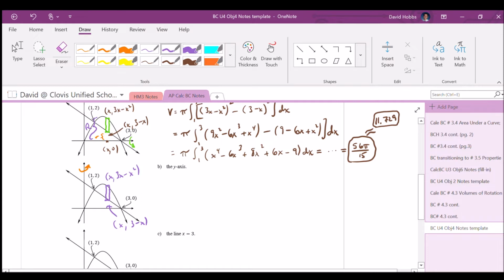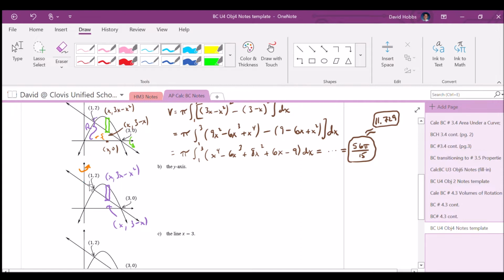Okay, now, first off, what's my radius? Let's start with that because we've got 2 pi times the radius. Radius is always from the axis of rotation to the rectangle. Now, because the rectangle is of delta x thickness, and we're taking the limit as delta x goes to 0, there's no near side of the rectangle and far side of the rectangle.